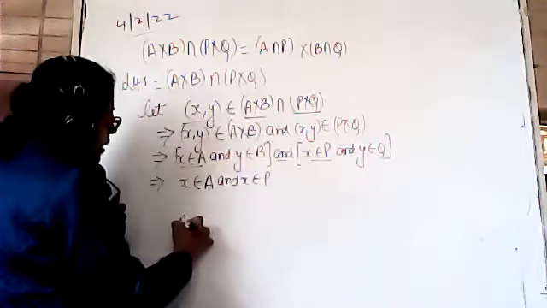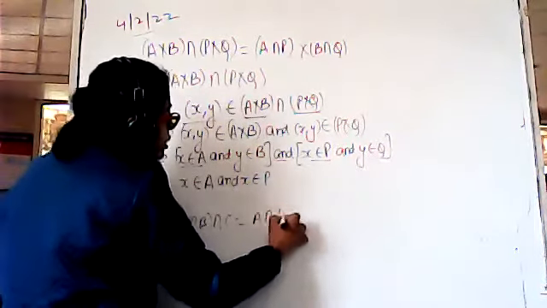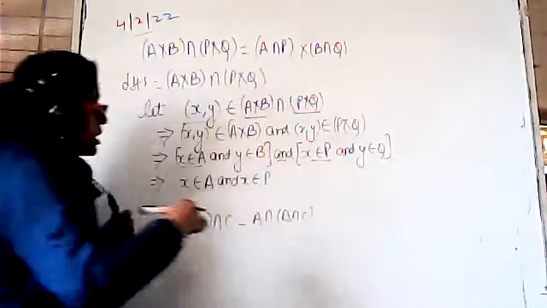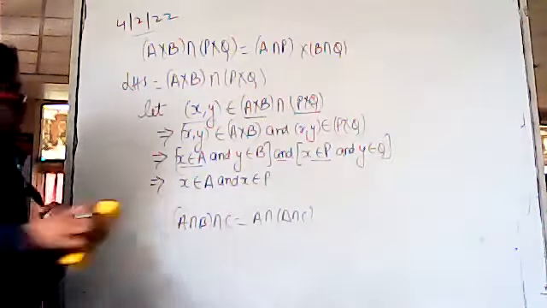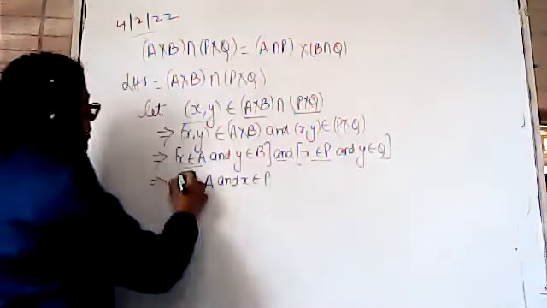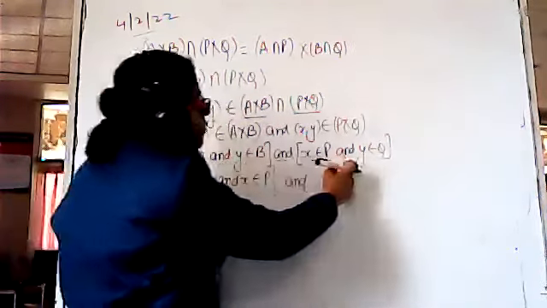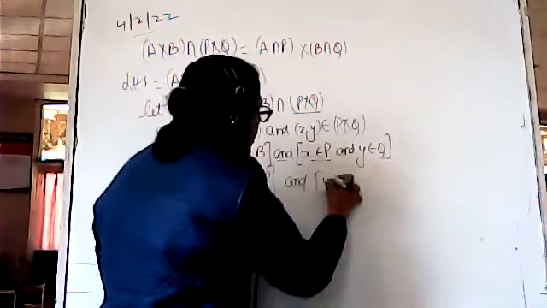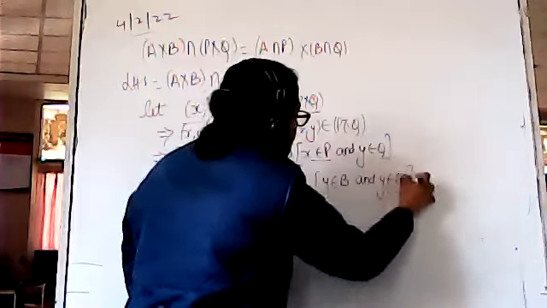Associative law means A intersection B intersection C is equal to A intersection B intersection C. You can change your sets according to your condition. So, x belongs to A and x belongs to P. And similarly, y is in B and y is in Q. We can write y belongs to B and y belongs to Q.